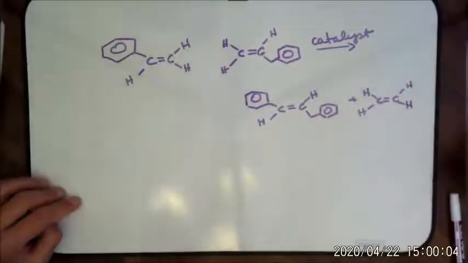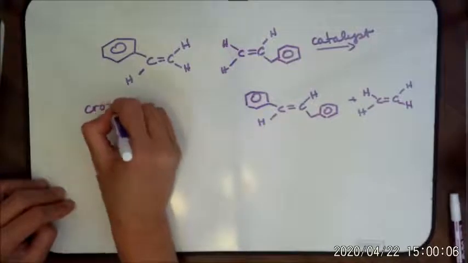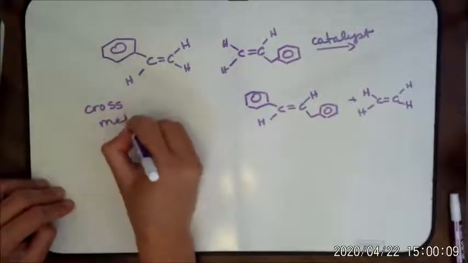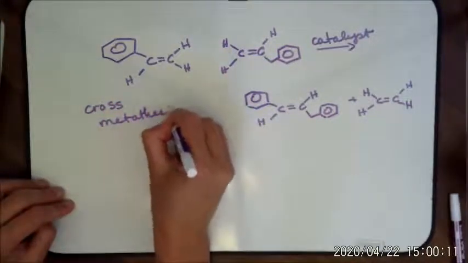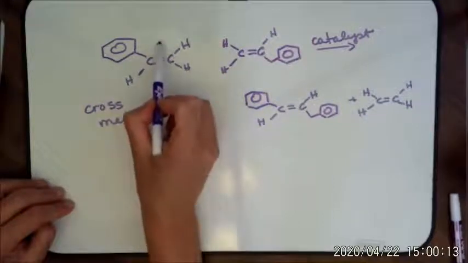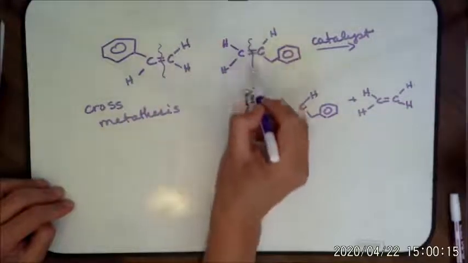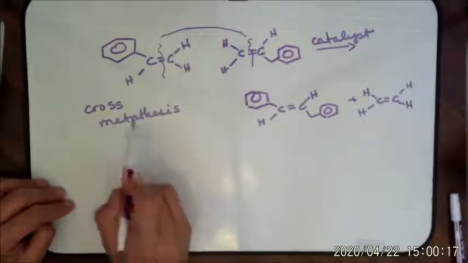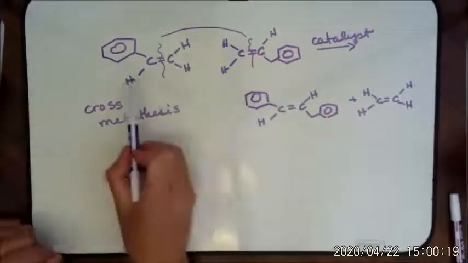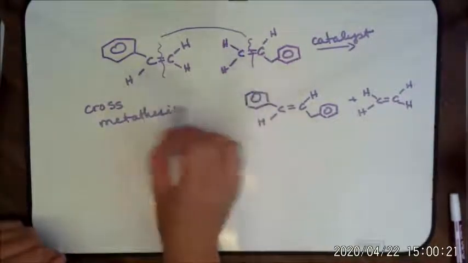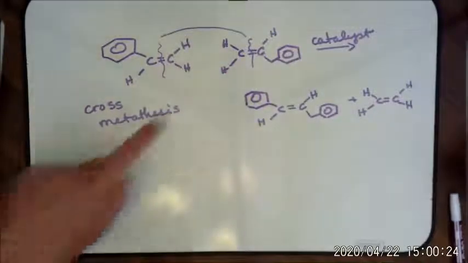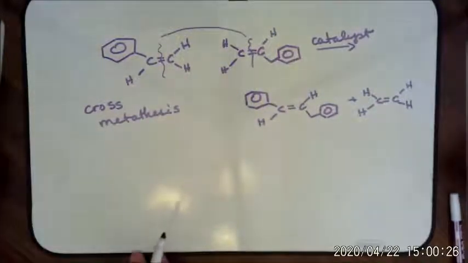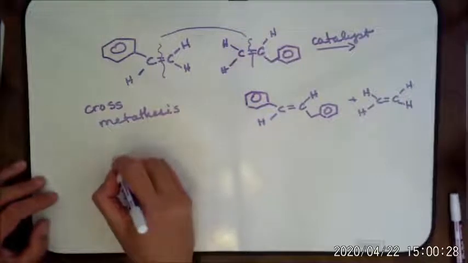This is called a cross metathesis. Okay, here. So we have these two. It's almost like a double displacement, right? A, B, C, D. So you get AD, and then CB, right? You can do the same thing.